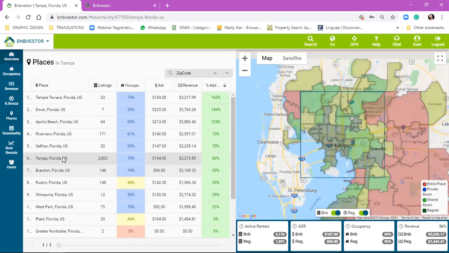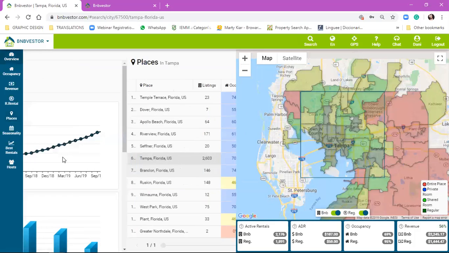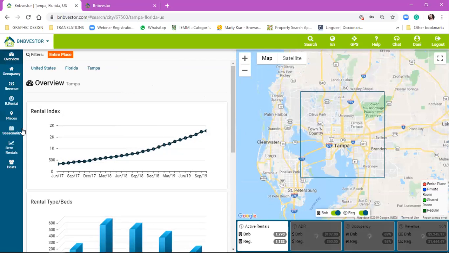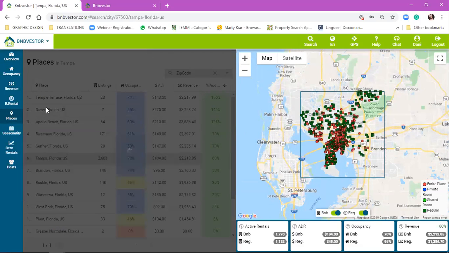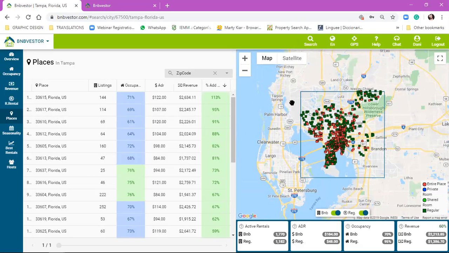I'm going to go ahead and click on Tampa. And I'm going to go back into my places icon. Okay, now you can see here that since we are already located in a city, now it distributed it into zip code automatically. I mean, we don't have anywhere else to go.